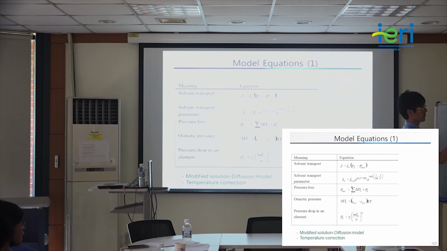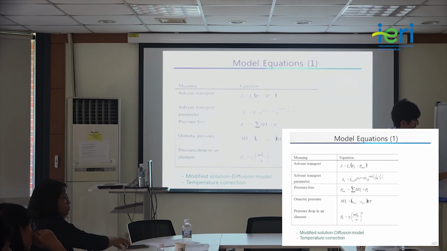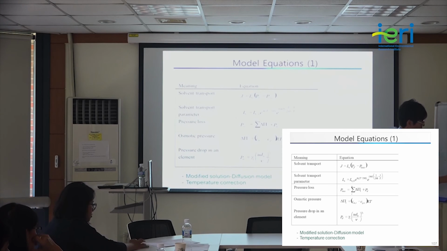So let's say JW is the water flux or water flow rate through the membrane, and JS is the salt flux or salt flow rate through the membrane.